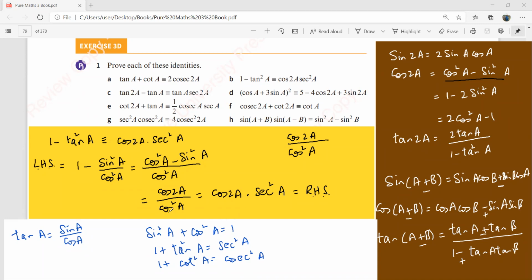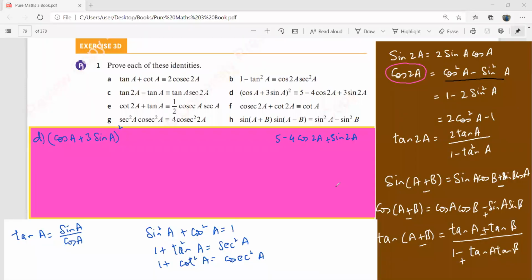This comes down here. Now I'm expanding this cos 2a, which becomes cos square a minus sine square a. Then I split it. Cos square a over cos square a gives me 1. And then sine square a over cos square a, which can be written as tan square a. Okay. So this is 1b.